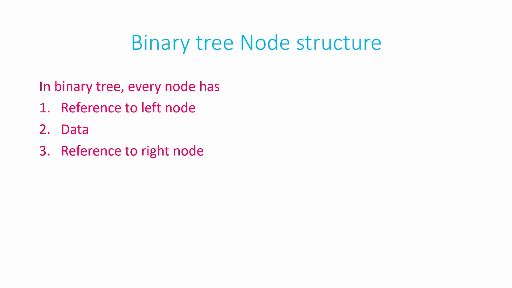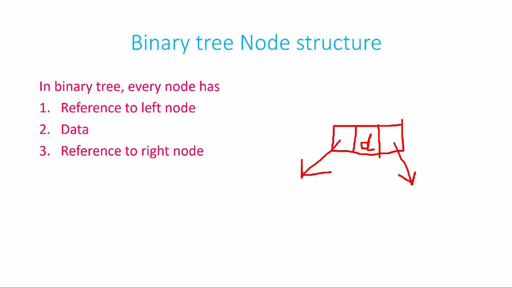If we think about implementing binary trees in memory, the node structure could be like this. If we consider this as a node, we can have three things in it. Firstly, your data itself. Let's say you have some data here. Then a reference to the left node if present, and a reference to the right node if present.